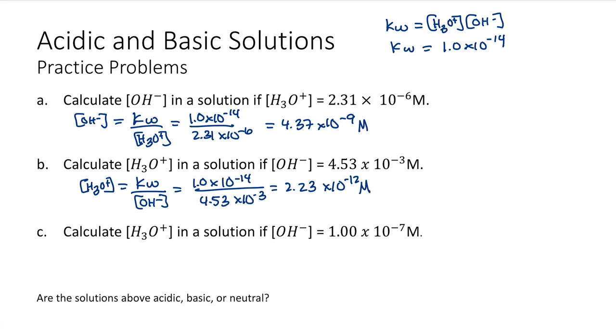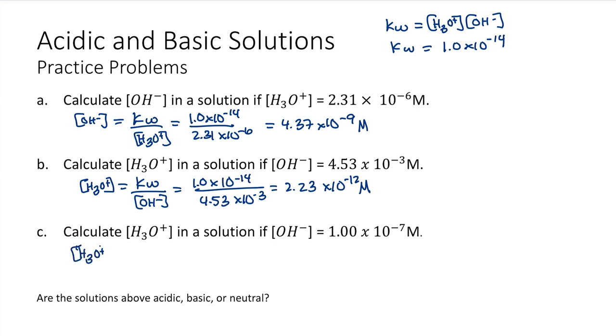Finally, we have calculate the concentration of hydronium ion in a solution if the concentration of hydroxide is 1.0 times 10 to the negative 7. So I recognize that this is the concentration for a neutral solution. So the concentration of hydronium ion needs to be equal to that. So let's solve for this mathematically.